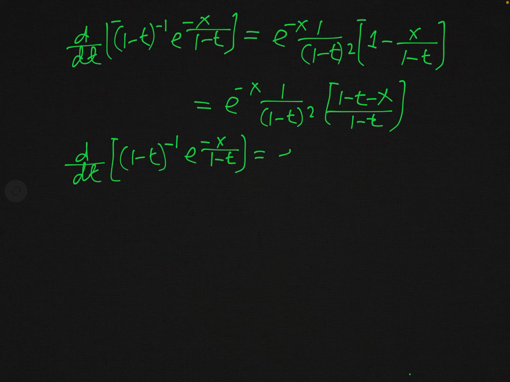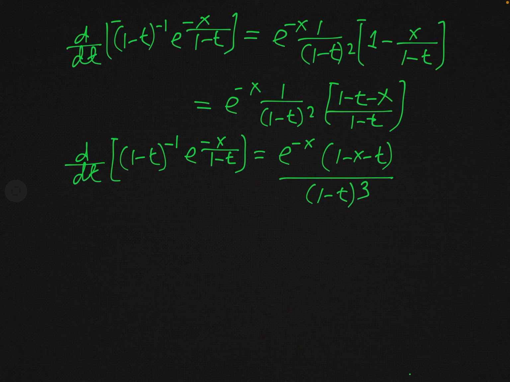You can see this will be e raised to the power minus x over 1 minus t times (1 minus x minus t) over (1 minus t) raised to the power 3. So this is the result.